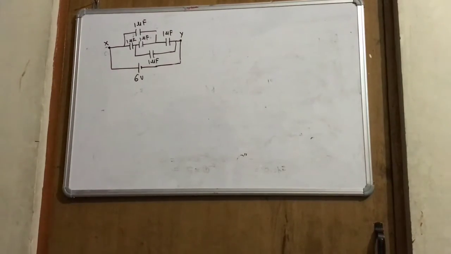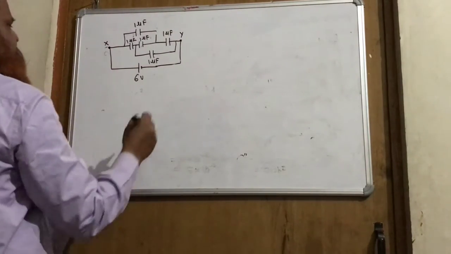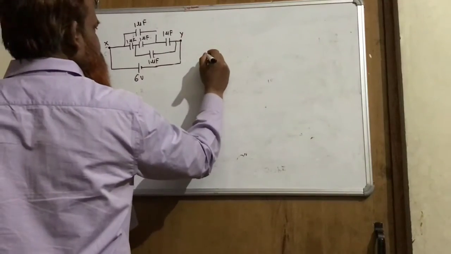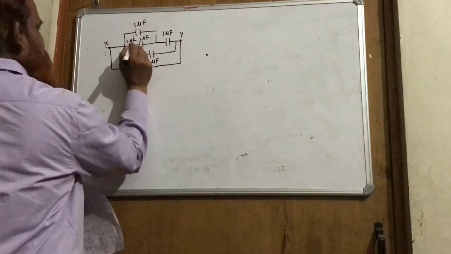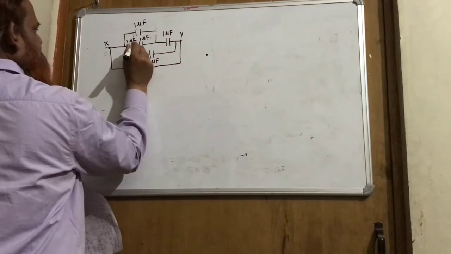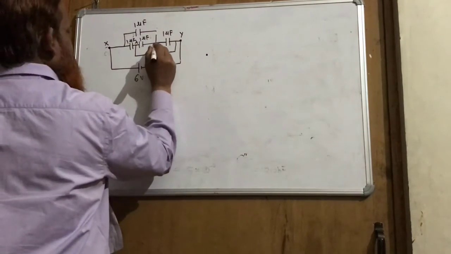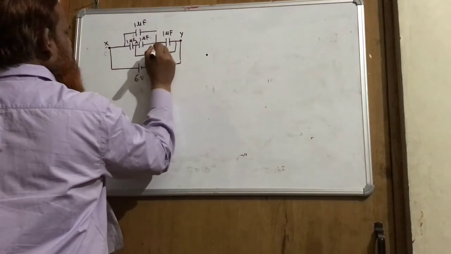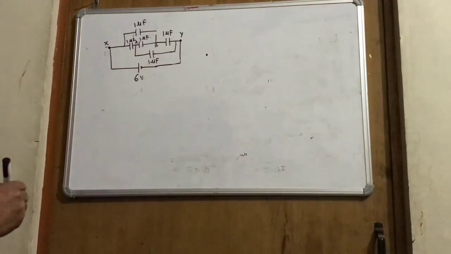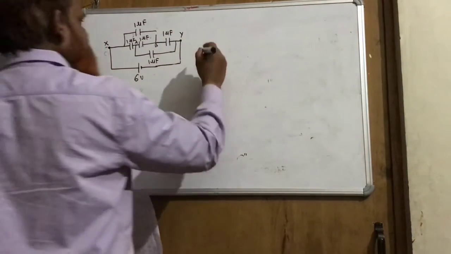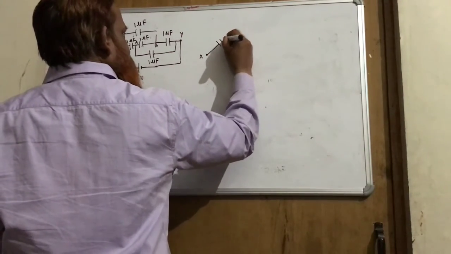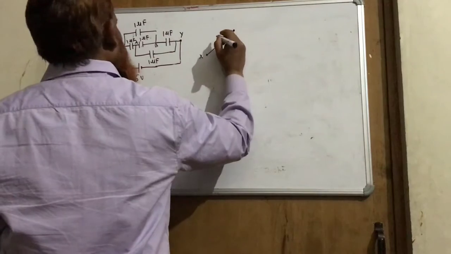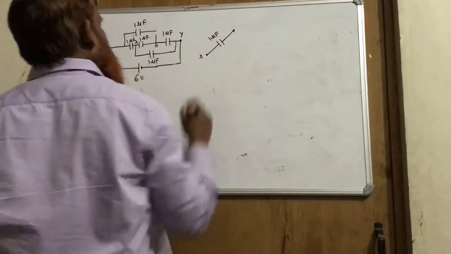Now first we will find the equivalent capacitance. From X, name the points A and B. Between X and A there is one capacitor of 1 microfarad.